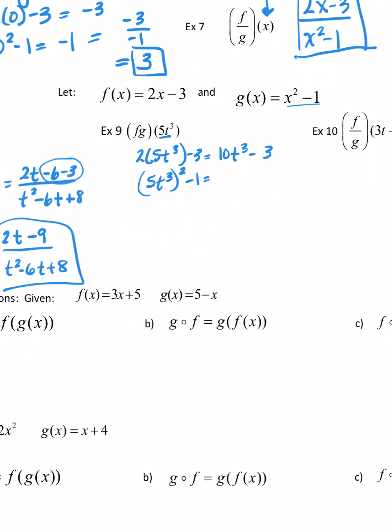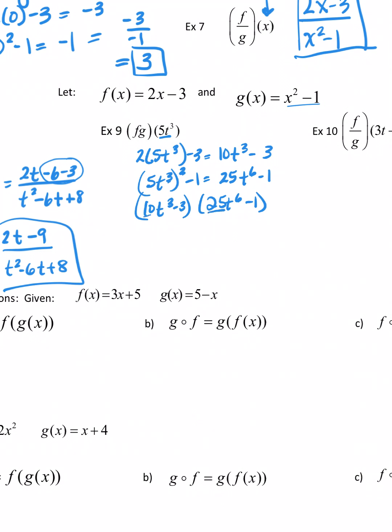So when you square that, 5 squared is 25. T cubed squared is, remember, we multiply when we raise it to a power. So it'll be t to the 6th minus 1. Now this is a hot mess, right? But when we multiply these, now we have two binomials. So we're going to have some high exponents, but don't panic, it's fine.